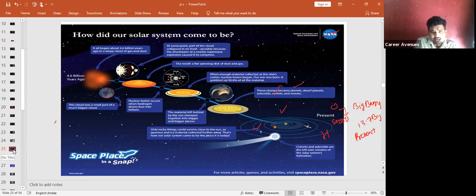Now, due to gravitational force inside this nebula, there is a coalescence of the entire gas and dust. Slowly, this cloud gets converted into a dense cloud. And due to this gravitational force, slowly it gets converted into a spherical shaped body.